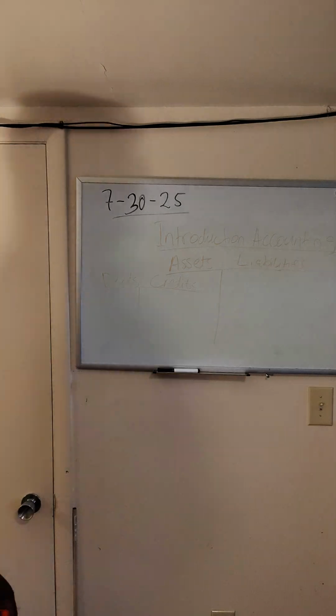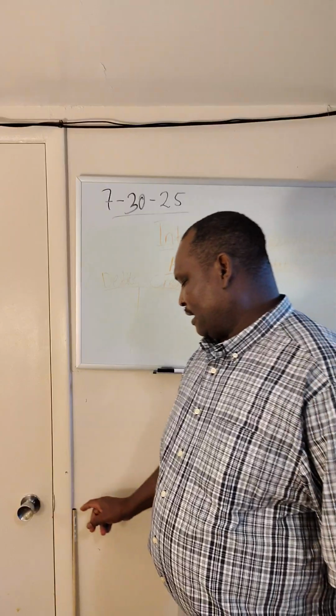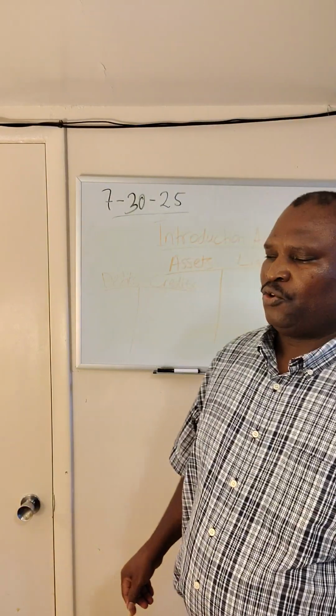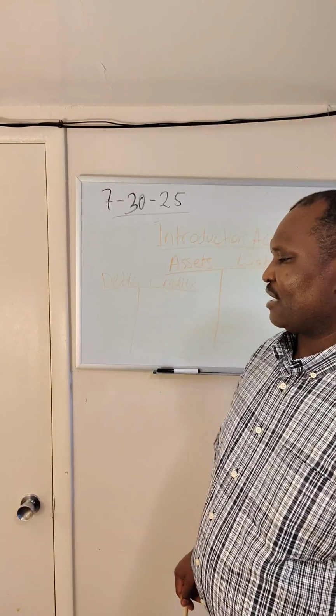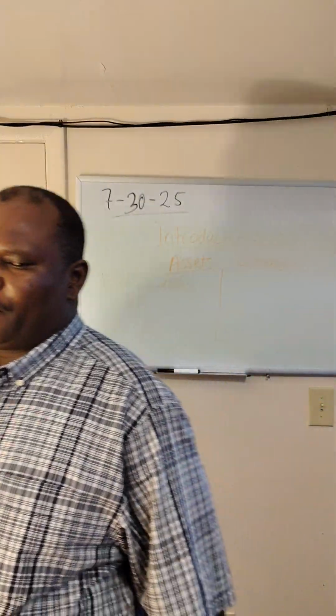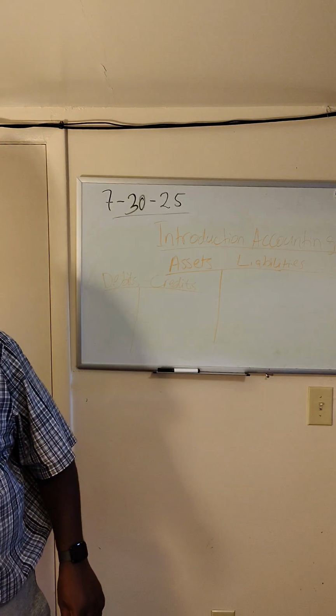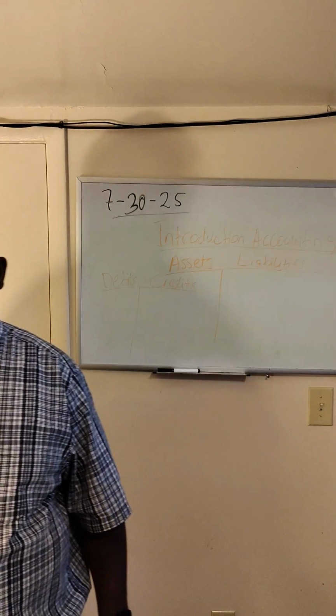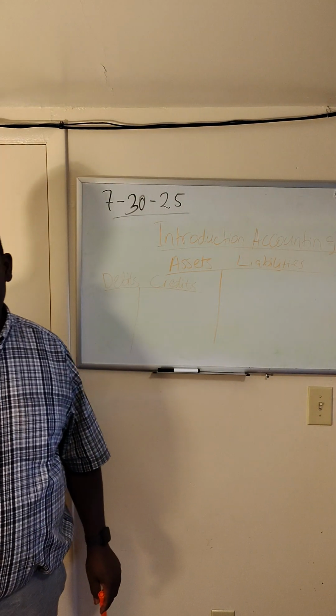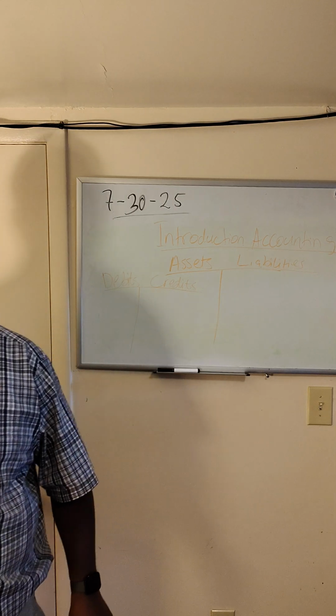Accounting is also something you can do for your own personal accounting. Like if you have your checkbook, you can write your transactions using your checkbook, so you can know how much money you have credited into your account today or this week, and how much money has been going out.